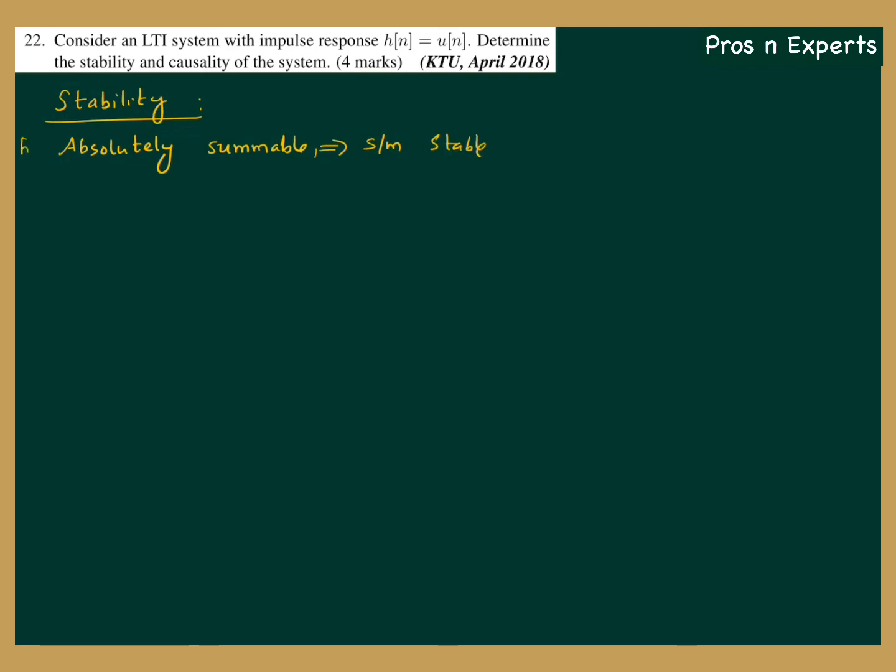So here in this question, we have to find out sigma n equal to minus infinity to infinity mod h of n, the condition whether this h of n is absolutely summable or not. So this becomes equal to sigma over n equal to minus infinity to plus infinity, where h of n is given as u of n. So what could be the answer?